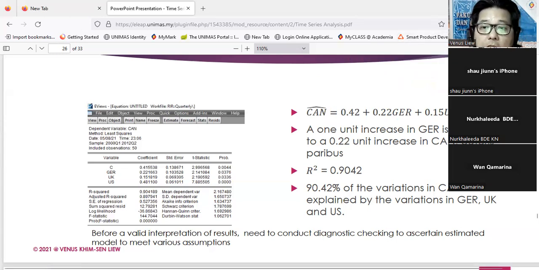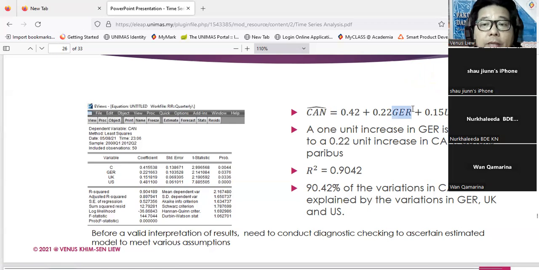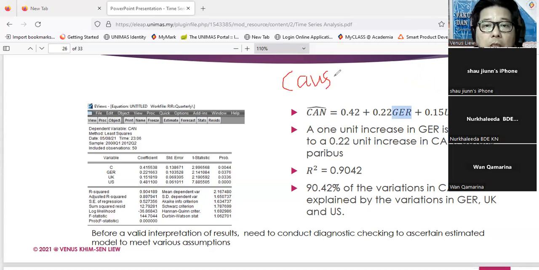So you say it's associated. You don't say that when Germany increases its interest rate by 1 unit, it will cause Canada interest rate to increase by 0.22. Don't use the word cause, because we are doing impact study.